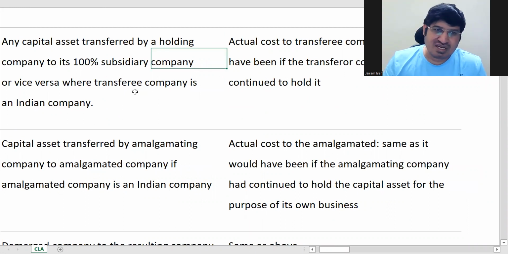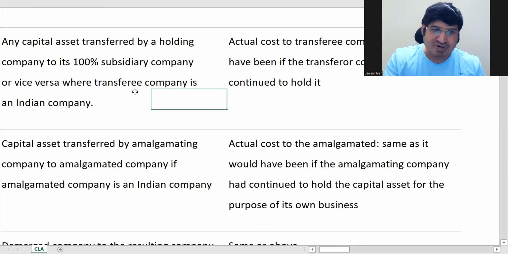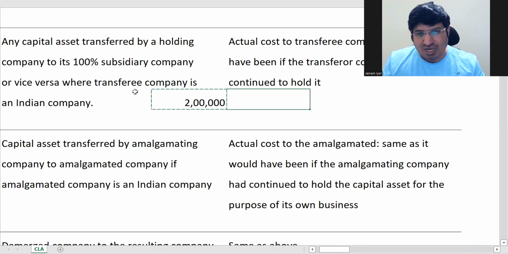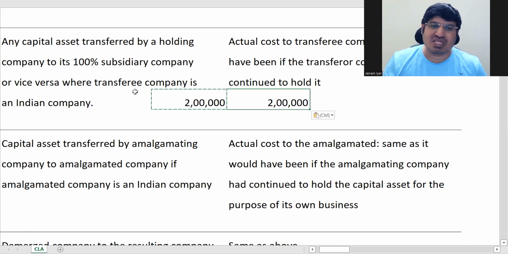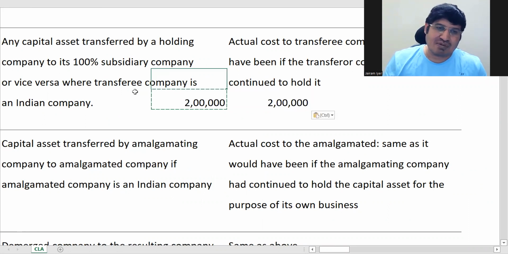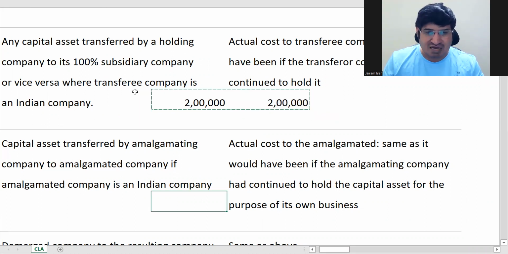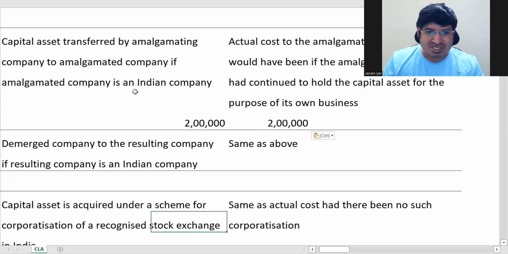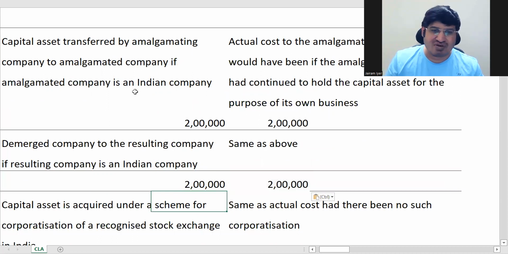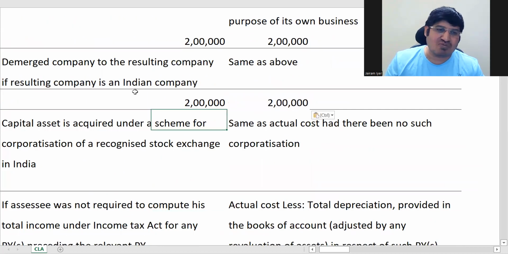So when ये ट्रांसफर जब हुआ तो predecessor के बुक में WDV was 2 lakhs. Okay, so it will come as 2 lakhs here. ठीक है, वो मतलब है यहाँ अगर at the time of transfer whatever it is in the books of the predecessor, same value will come in the books of the successor. और ये सेम चीज यहाँ भी होगा, सेम चीज यहाँ भी होगा. ओके, नेक्स्ट वाला है उसमें भी सेम होगा.